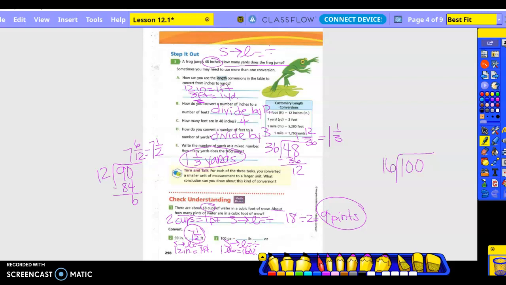So once again, we can go back to 16 is about what? 15. So how many times does 15 go into 100? 6 times, right? So let's try it. 6 times 6 is 36, write the 6, mentally carry the 3. 6 times 1 is 6 plus 3 is 9. So we have 6 full pounds and how many ounces?